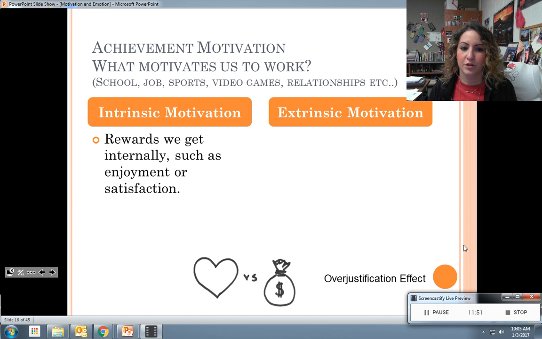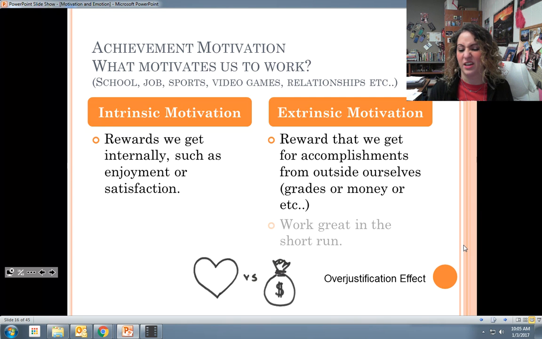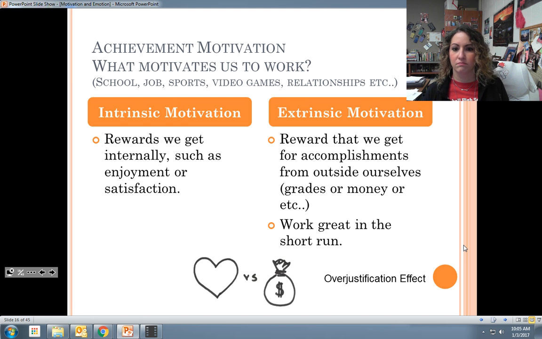Okay, so I mentioned earlier the idea of intrinsic versus extrinsic motivation. Intrinsic was internal enjoyment and satisfaction, while extrinsic is some sort of outside reward, whether that be money or peer approval, stickers, even for answering questions correctly, whatever.